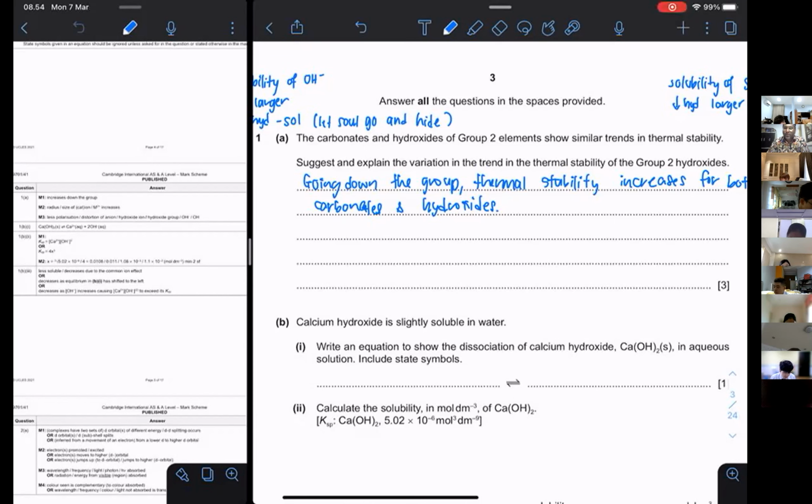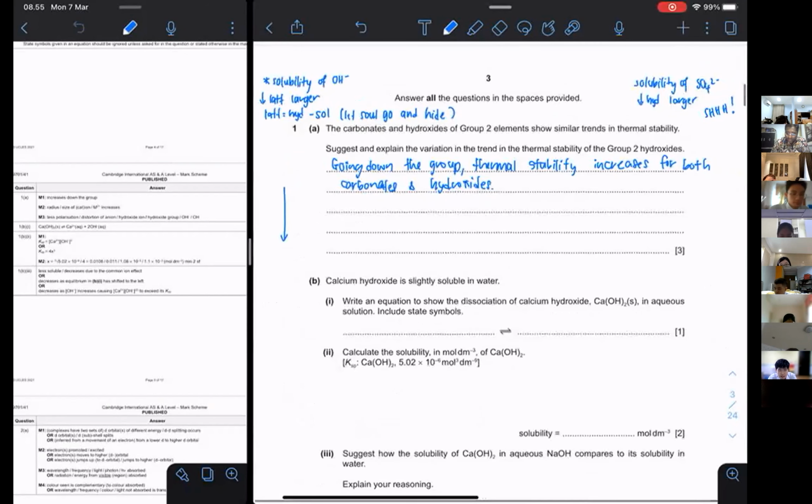Now we need to tell the reason. The reason has to do with ion polarization. When we say ion polarization, we are talking about the cation. When you go down the group, the cation becomes bigger, or we say the ionic radius increases.